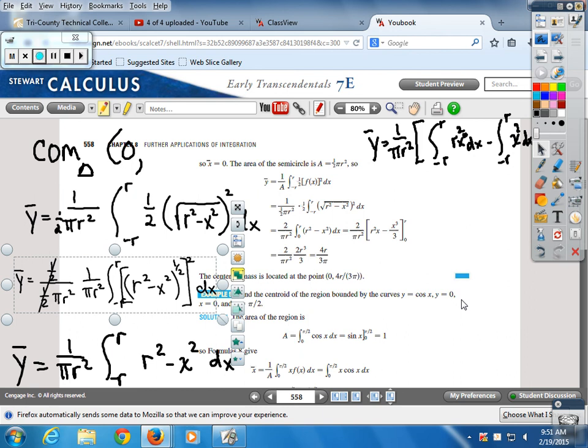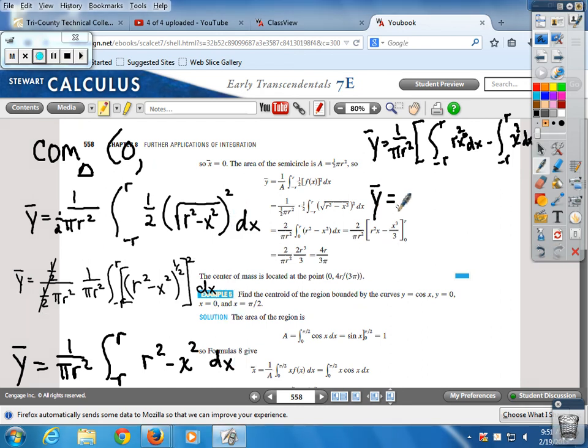So y is equal to 2 over pi r squared of, well, here's our, r squared x minus x to the third over 3.